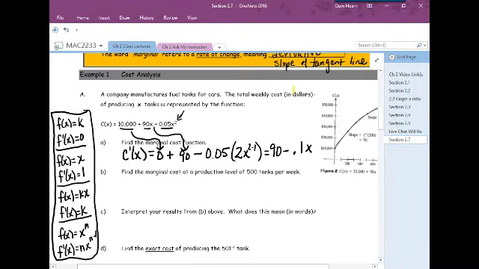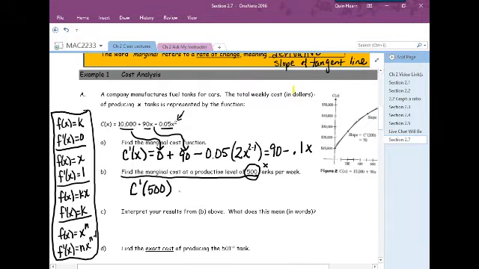All right, so that's how you find the marginal cost function. You just take the derivative of the cost. Now, if they ask you to find the marginal cost at a certain production level, what they're asking you to do is to plug into the marginal cost function. So you're going to take your C prime and plug into it the value of x, which in this case is 500 tanks.